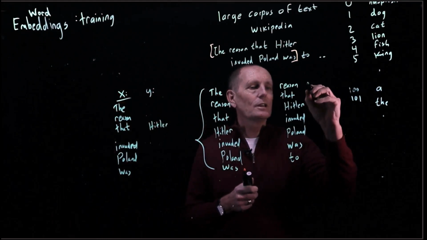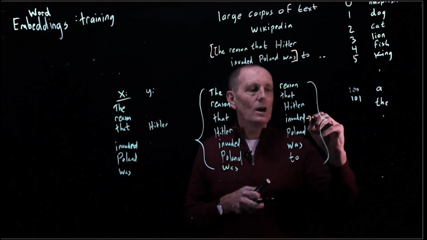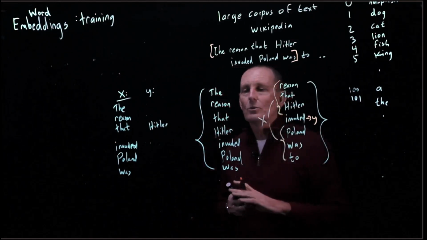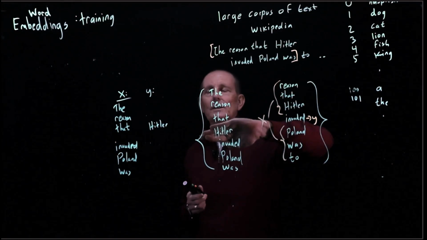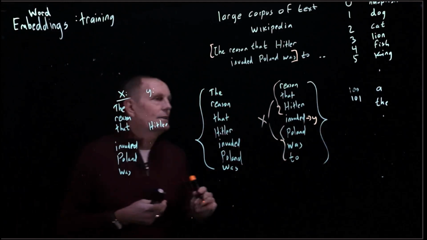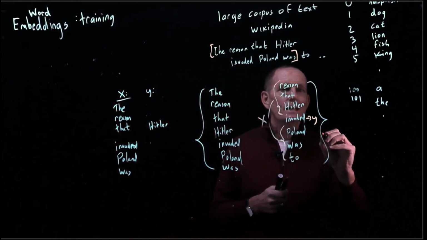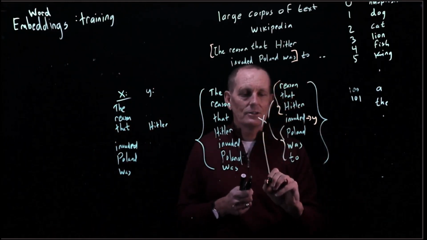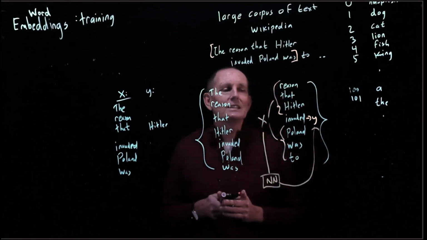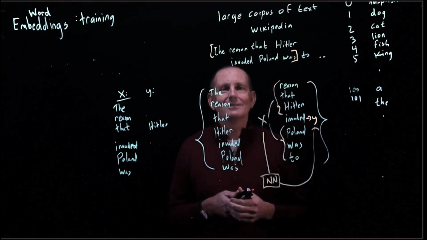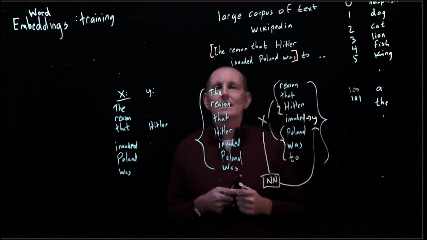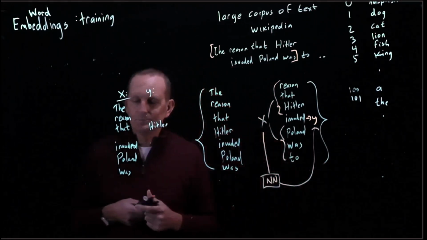Here, we're going to do the same sort of thing. This basically becomes the Y, and this becomes the X. So we're masking out the middle word, and we are trying to teach the neural network that we can feed in the X to the neural network, and we can get out the Y. So we can feed in reason that Hitler blank Poland was to, except you don't actually have the blank, and that we'll get out invaded. And we feed in massive numbers of these.